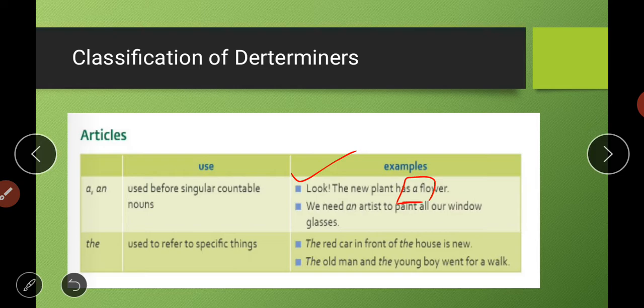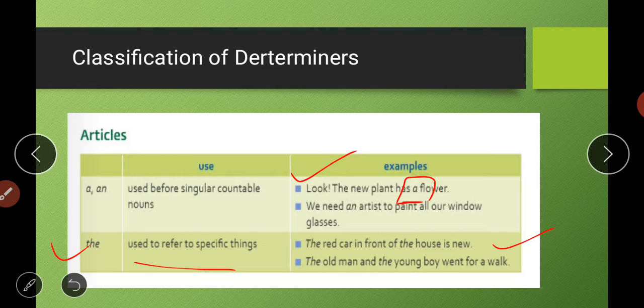So we simply use a and an before singular countable nouns, as we have done in articles. Then the is used to refer to specific things, like the red car in front of the house is new, or the old man and the young boy went for a walk.